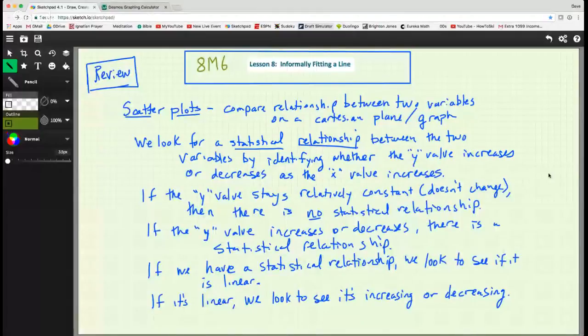So in sum, we've been talking about scatter plots. Scatter plots are where we compare relationships between two variables on a Cartesian plane. Otherwise, we usually call them graphs.